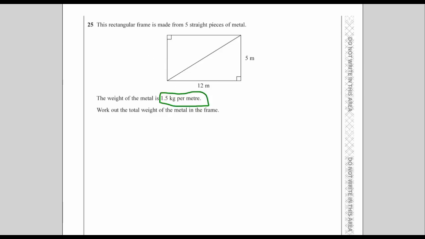Just show you that again. So this is 5 down the side, which means that this is also 5 meters. Same with the 12. This is 12 here, which means that this is 12 here as well.